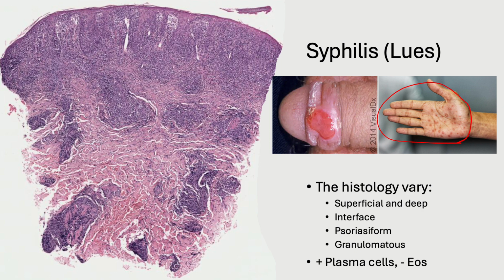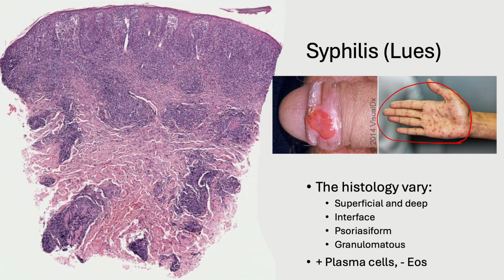And when they biopsy, you can see the histology of second stage syphilis can vary. It can have a superficial plus deep pattern, which is our category here, but also there can be a very predominant interface change, psoriasiform and granulomatous. So people call melanoma a great mimicker because it can present with very different morphology.